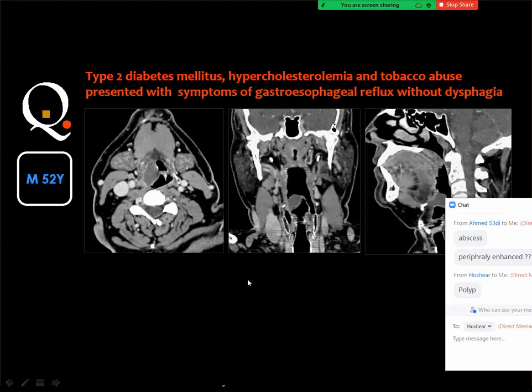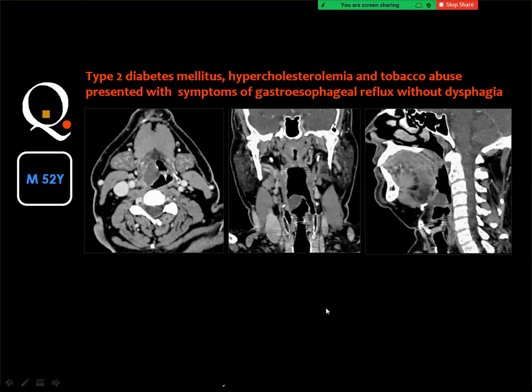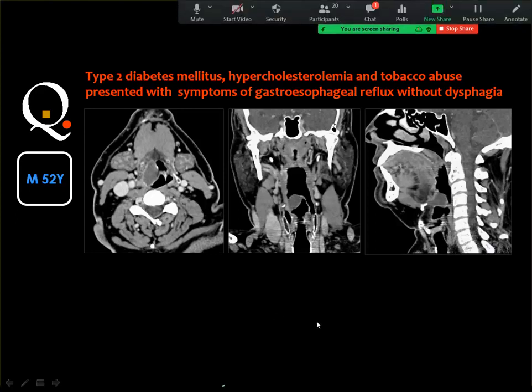Okay, and then remember that I have mentioned some issues about the laryngocele. And I said that the laryngocele is divided into three types: the internal, the external, and the mixed. And I said that laryngocele may be filled with air or fluid. And if it is filled with fluid, it is called saccular cyst.